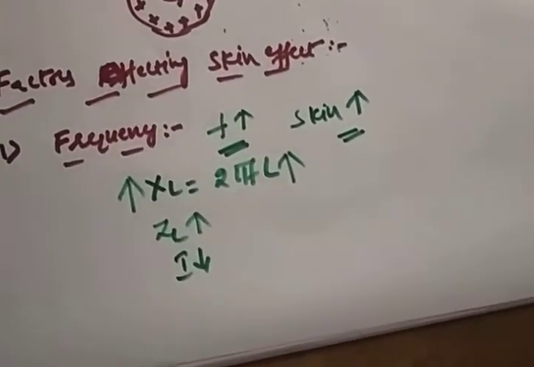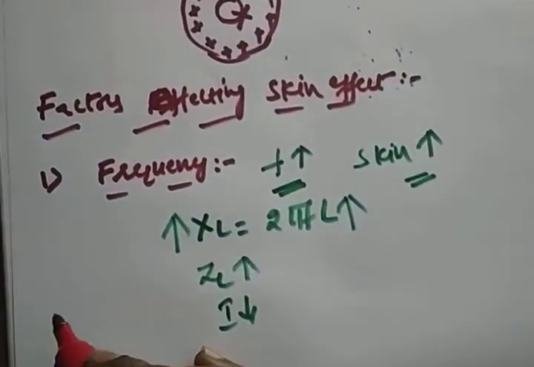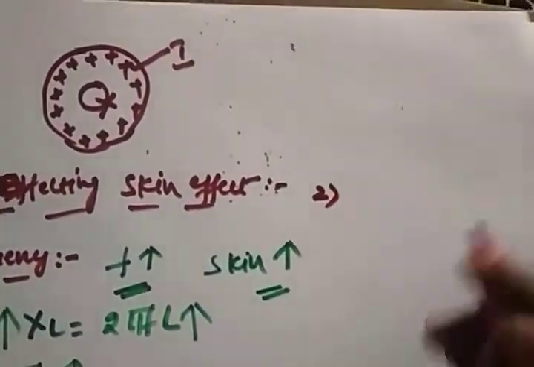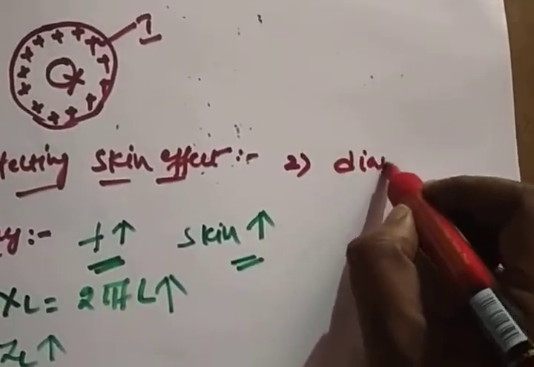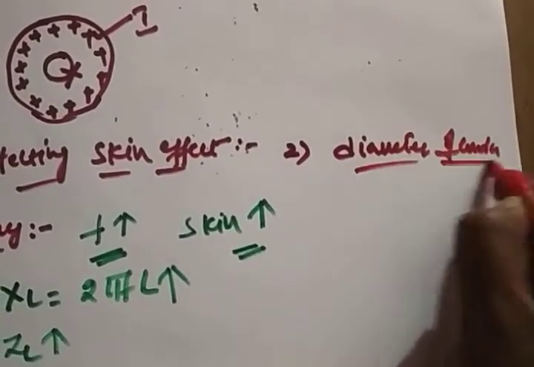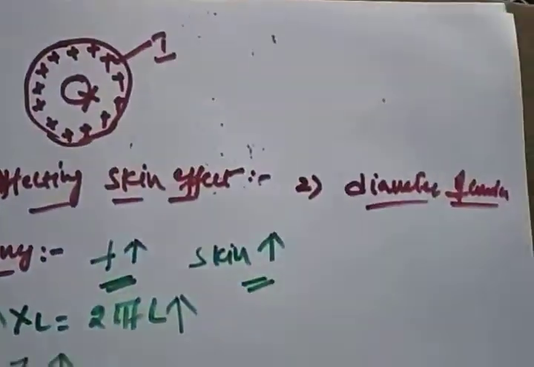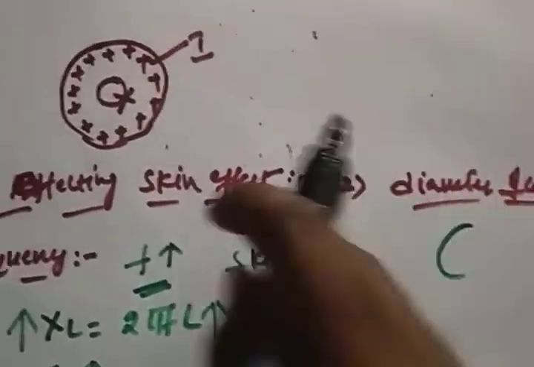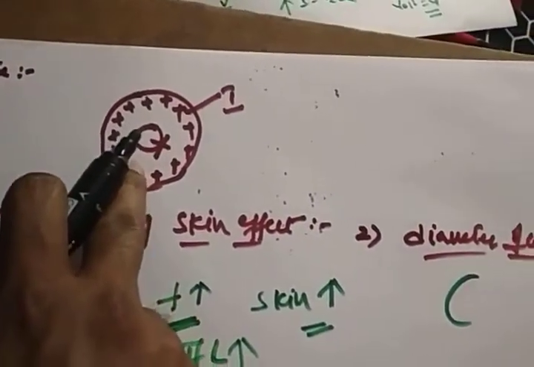Next, the second one is the diameter of the conductor, right? If the effective diameter of the conductor increases, I already explained this in the note we discussed above.